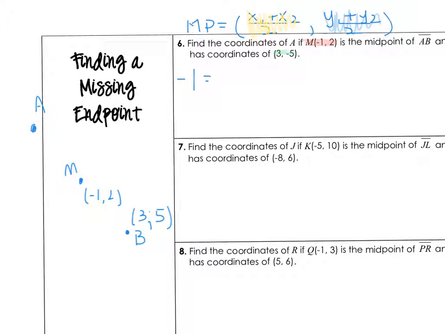My x1, I'm going to call this x1, y1, and the point A that we're looking for, x2, y2. So x1 is 3. I'm trying to find x2 divided by 2. So I'm going to take both sides times 2 to get rid of the fraction, and then subtract 3.